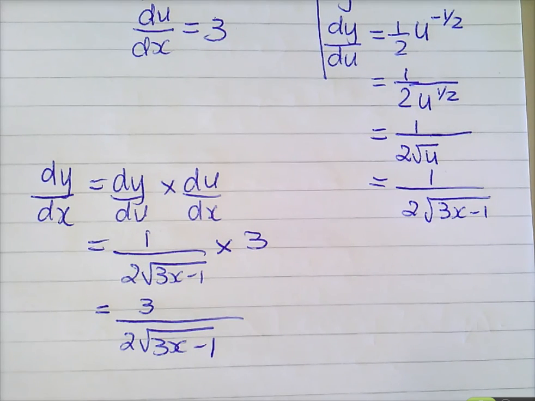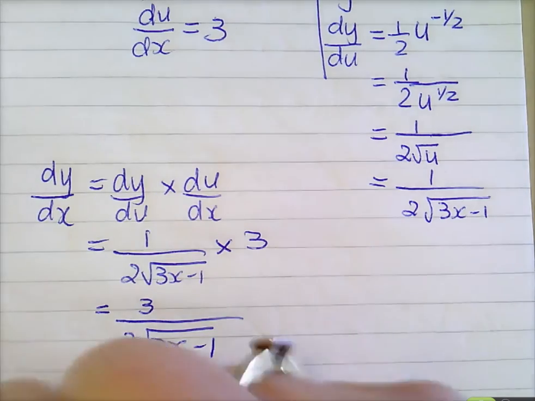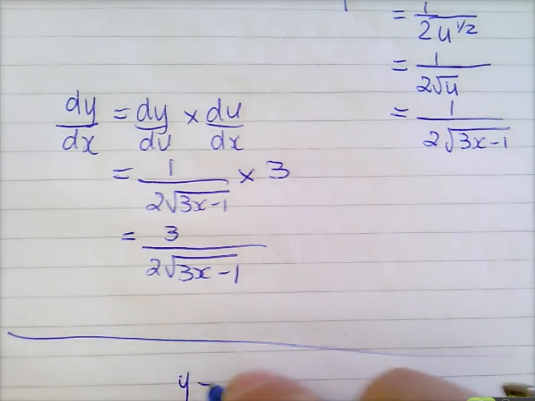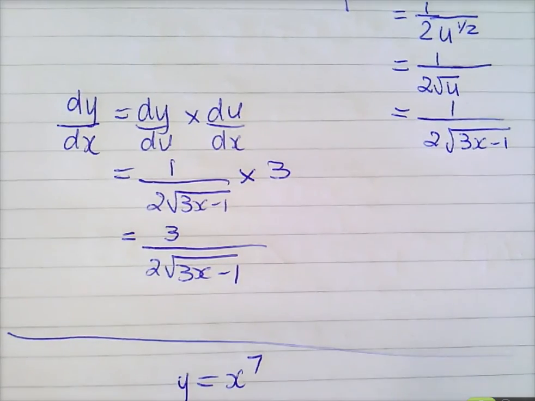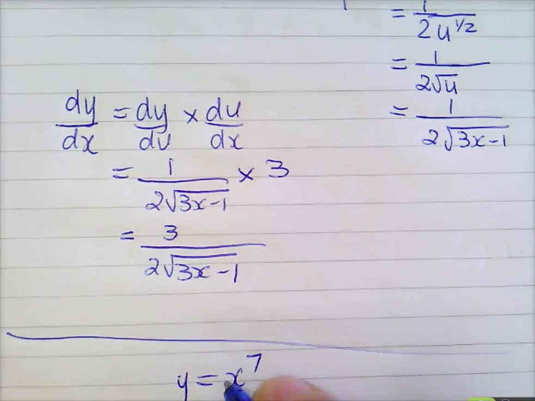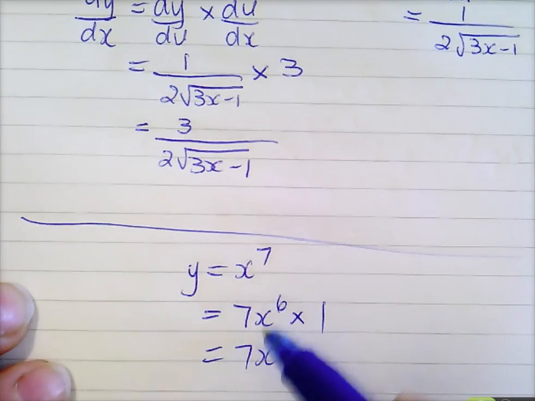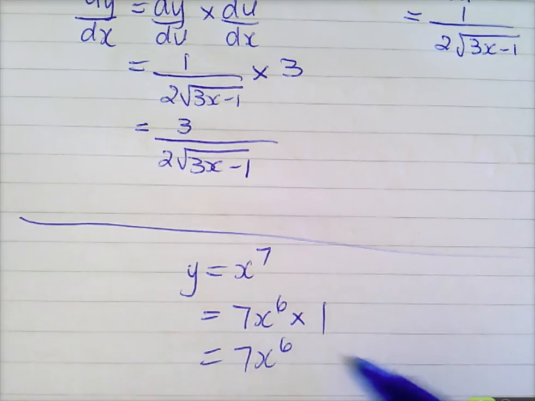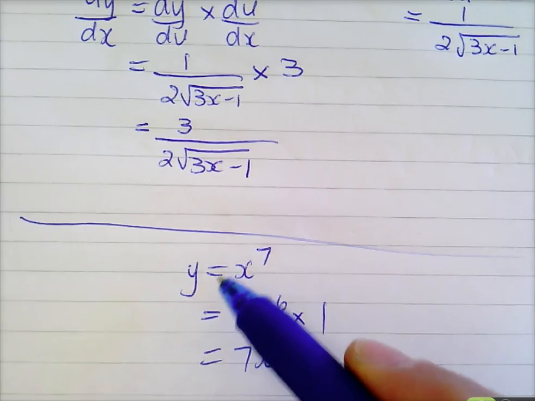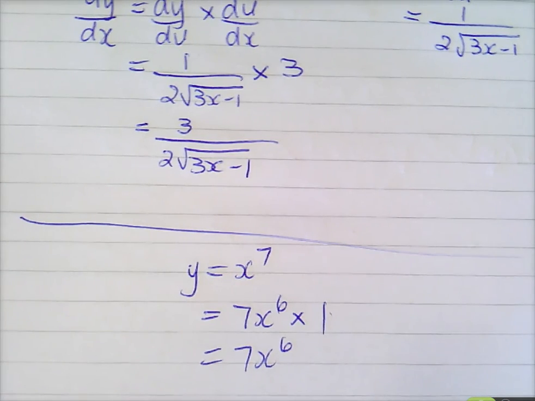Because if there was just an x there, and I'm differentiating this using that chain rule, isn't it 7x to the 6 times differentiate the x, and what do you get? Same rule. Do you see that? So that's using that new rule that we've learnt. 7x to the 6, if you differentiate the x, you get 1. But we don't do that when we've just got x to the n. But see how you get the same thing anyway? All right?